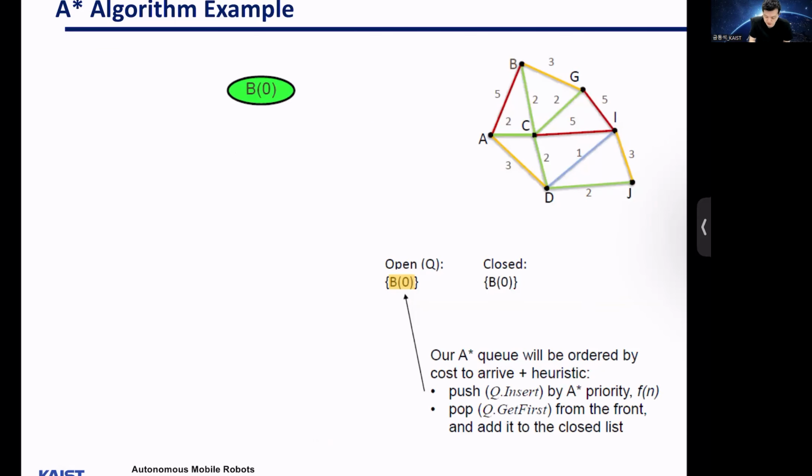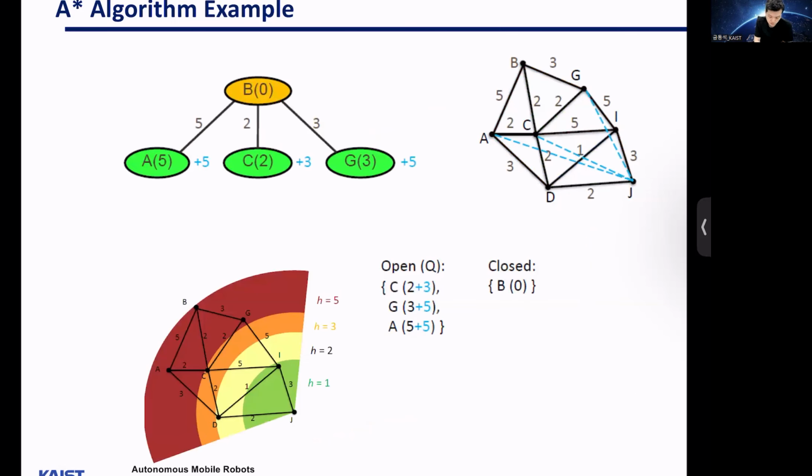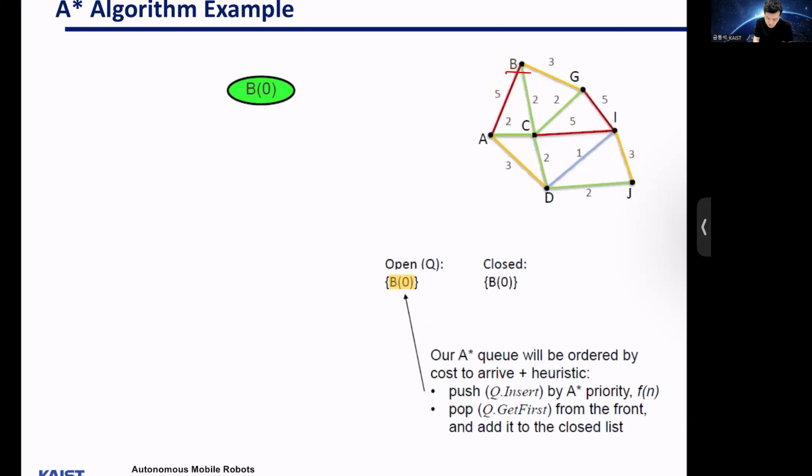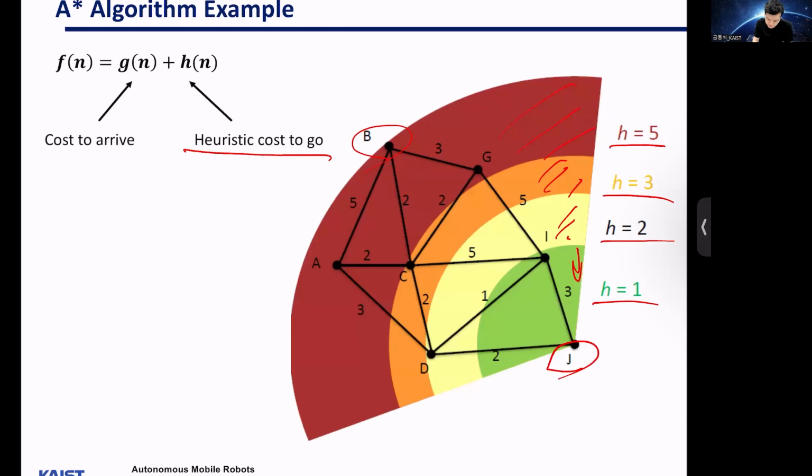So we're going to start from B, the starting point. We're going to branch, create a tree just like the Dijkstra. A5, C2, G3. But then we are going to add the cost to go, which was 5 for G, 5 for A, and then C would be 3.